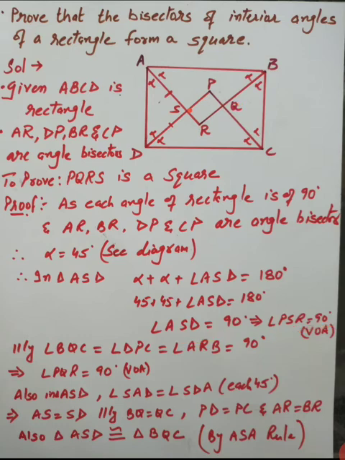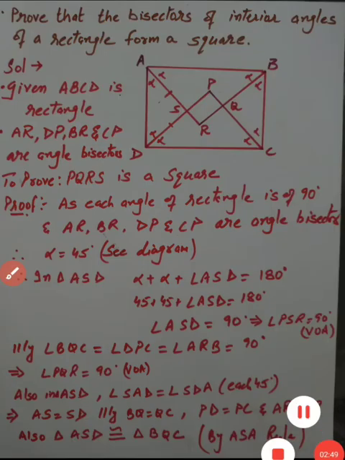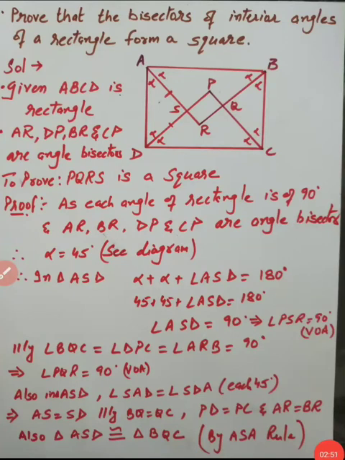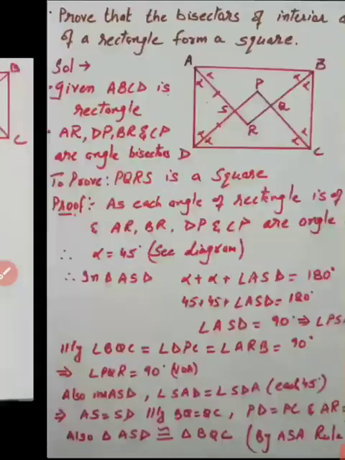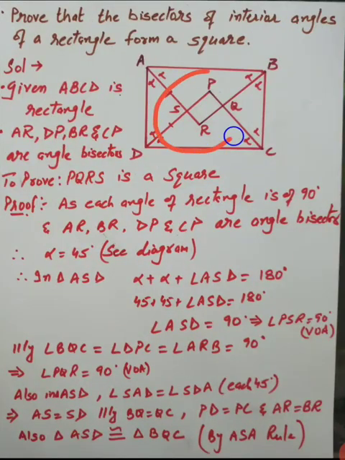So clearly in this quadrilateral PQRS, all the angles are 90 degrees. So if all the angles are 90 degrees, then PQRS becomes a rectangle.